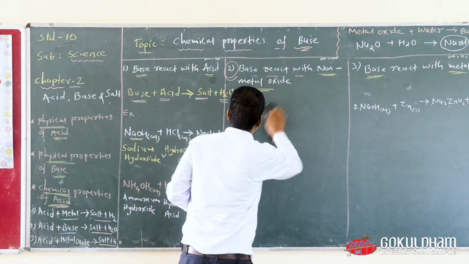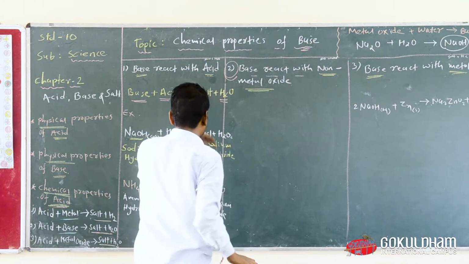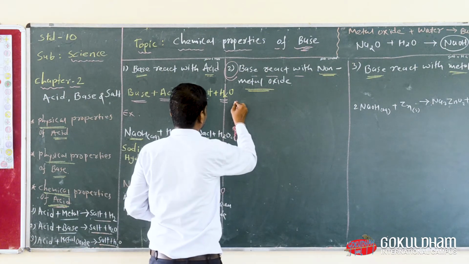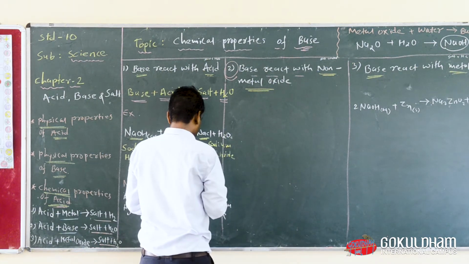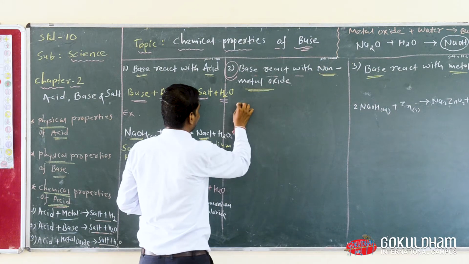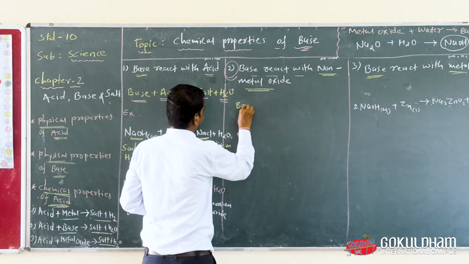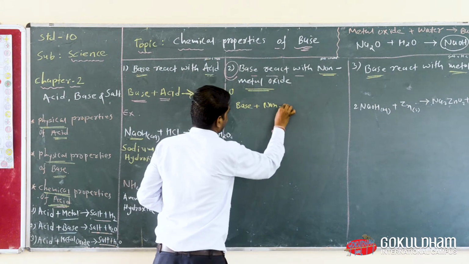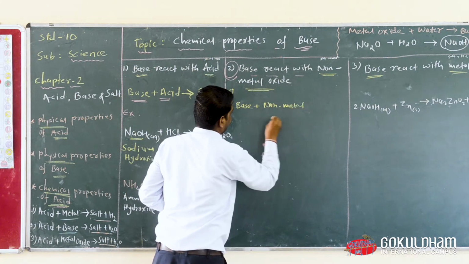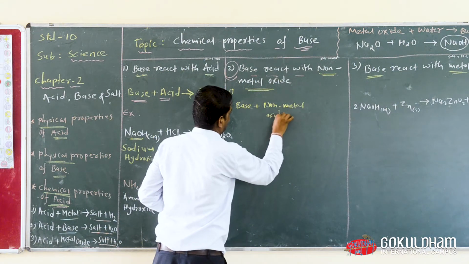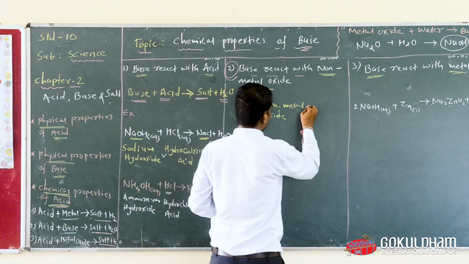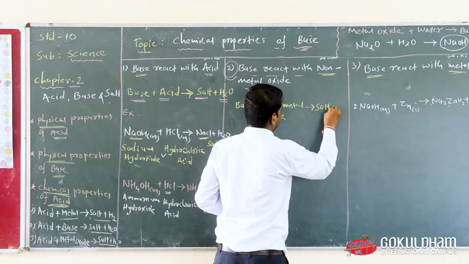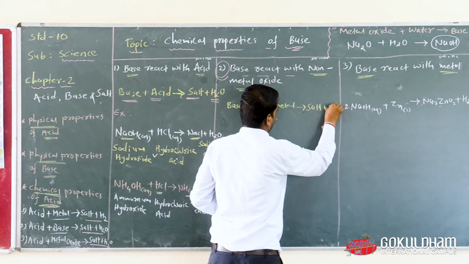But we need to write the general formula of this chemical property. The general formula is that when base reacts with non-metal oxide, we get once more salt plus water.